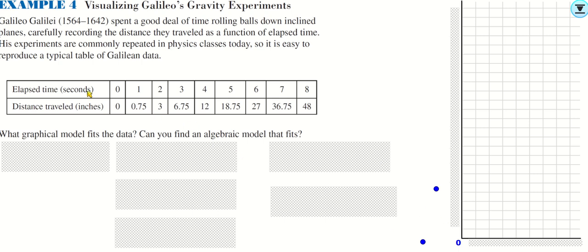It looks like the independent x variable would be the elapsed time, and the dependent variable, the y vertical axis variable, would be the distance. Step 1 would be to label and scale the x-axis and the y-axis.